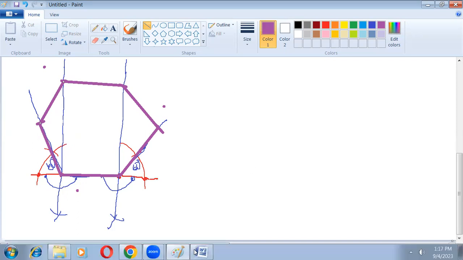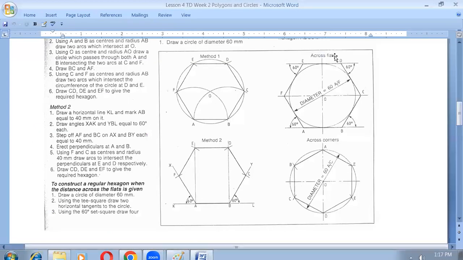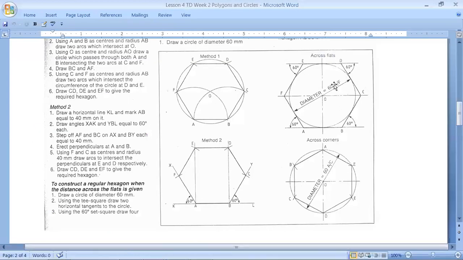The other two methods are when we know the inscribed diameter or the circumscribed diameter of the circumference of the polygon. All right, this is the inscribed one. And this is the circumscribed one.